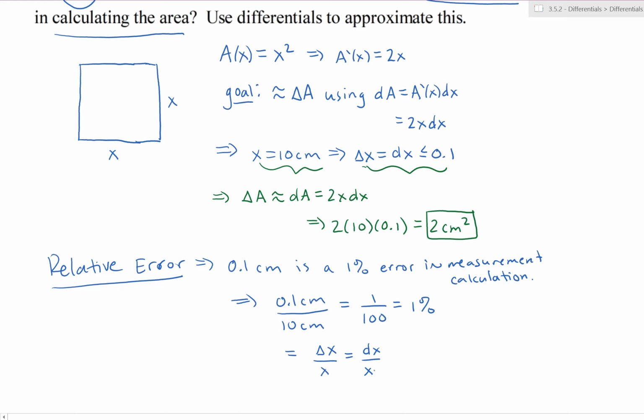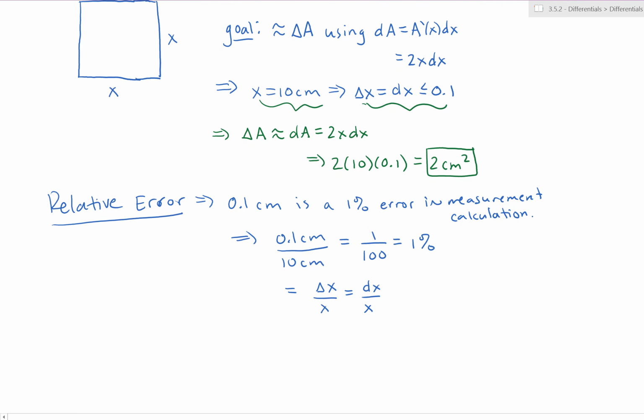Now, that's telling us we have a maximal of 1% error in measuring the side of the square, as assumed in the problem. But what about the area? Well, it follows that the relative error in the area is delta A over A, which should be approximated by dA over A. We found that dA was 2 square centimeters.